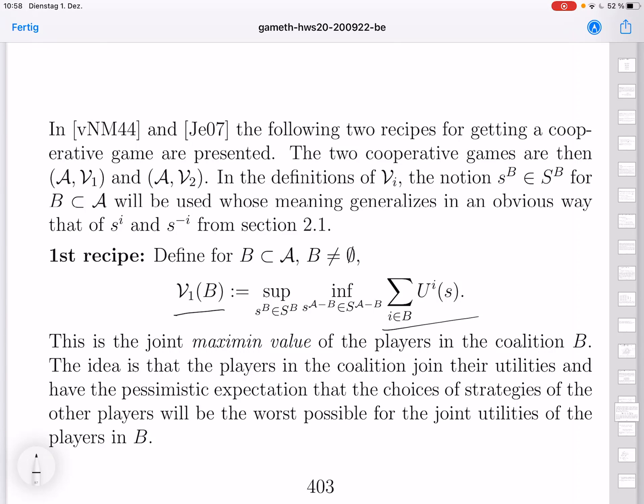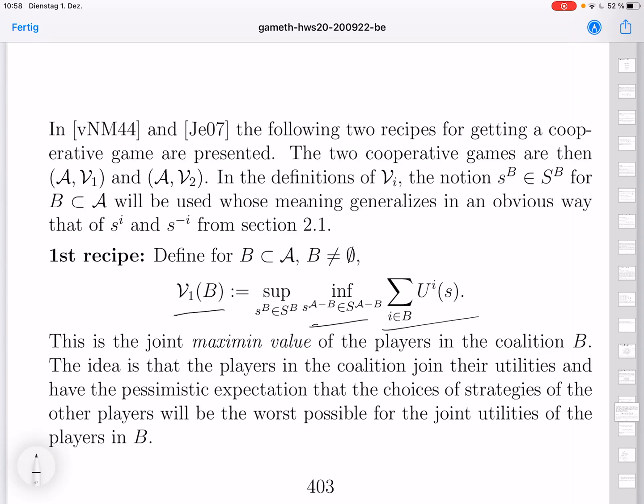One assumes that the players in the subset B have to choose first, and the other players choose second, and the other players are as mean as possible. So they want the worst for the players in the coalition B. So whatever partial strategy combination SB the players in the subset B have chosen, the other players will choose their part, A minus B, in order to get the infimum over all possibilities.